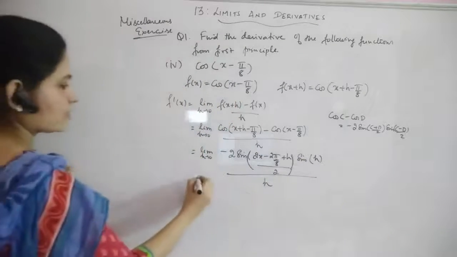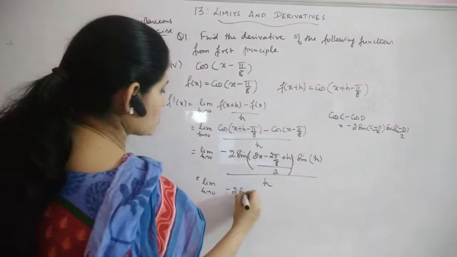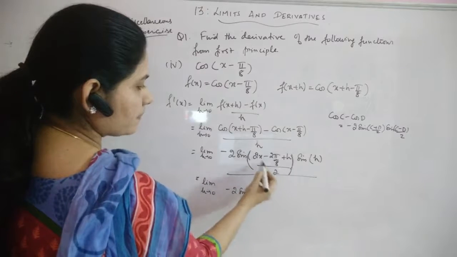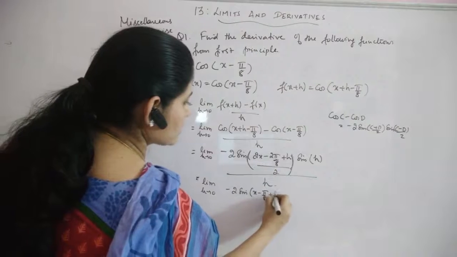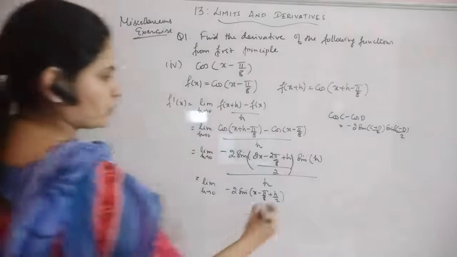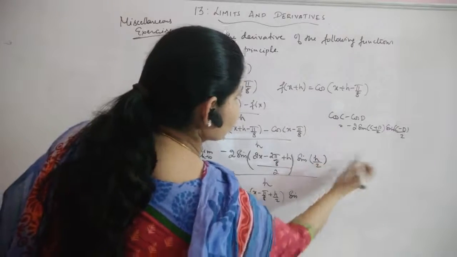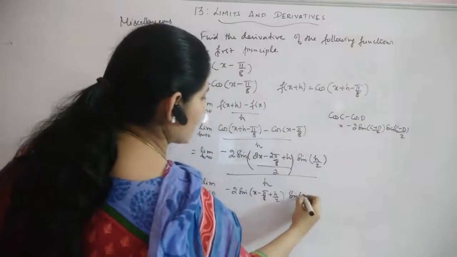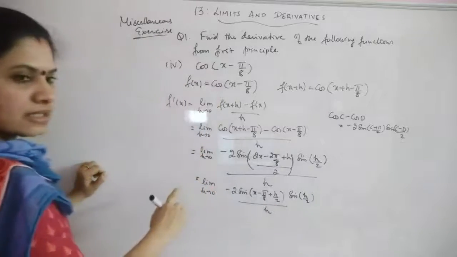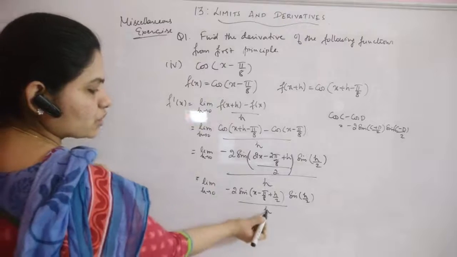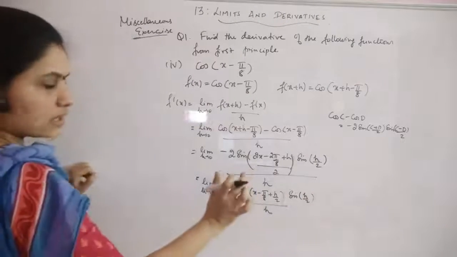So limit h tends to 0, minus 2 sine, here this will become x minus pi by 8 plus h by 2, and here it is sine of h by 2 also, I forgot that, h by 2, whole divided by h. Now again, as in the earlier problem, we will take this 2 together with the denominator as the denominator of h and make it a single term.